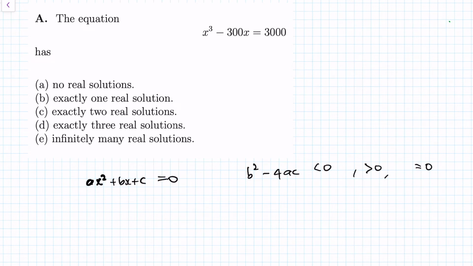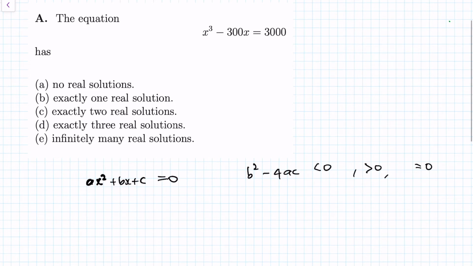Instead, we're going to try another method. Another method to find the number of real solutions of a cubic function is to look at the stationary points and find the corresponding y-values for those stationary points to see whether they are positive or negative, then deduce something about the roots.